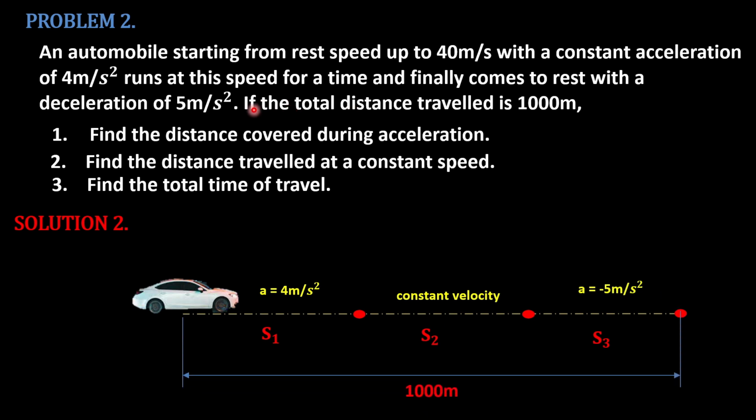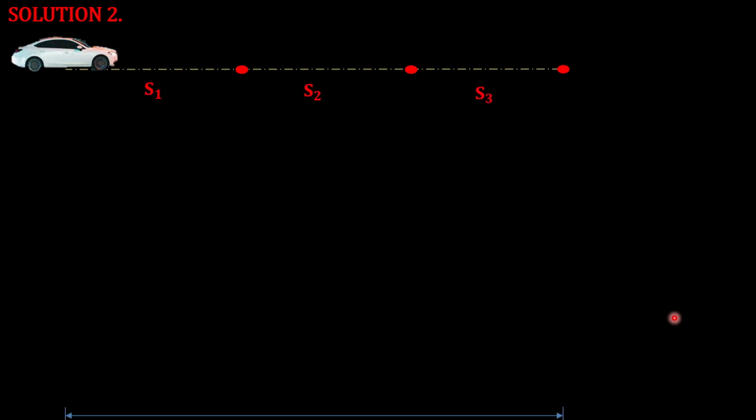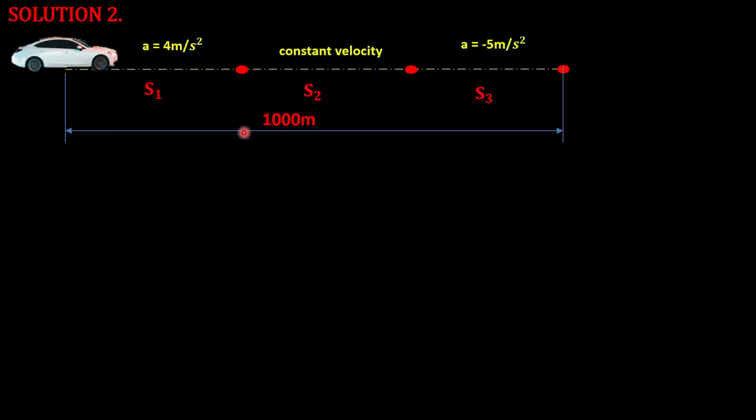So, meron tayong sinabi sa problem, the total distance traveled is 1,000 meters. So, yan, 1,000 meters from the starting point to final point. From the figure, makakabuo tayo ng isang equation. Since start siya sa rest, initial velocity niya is 0.